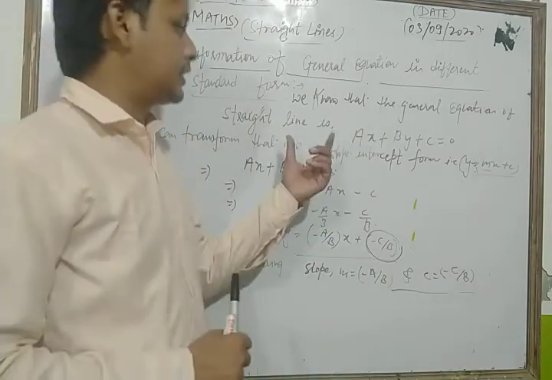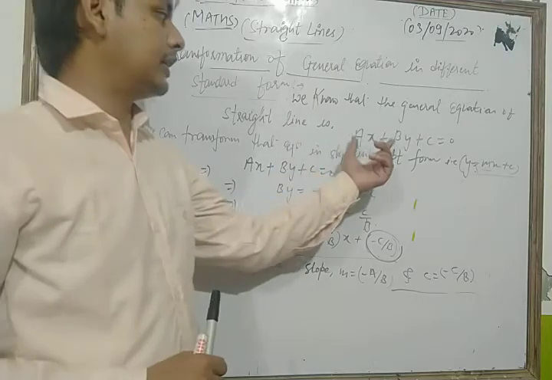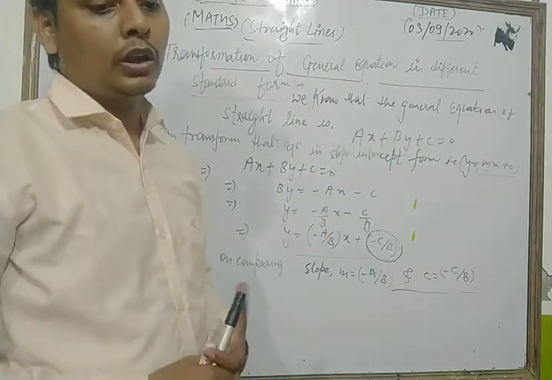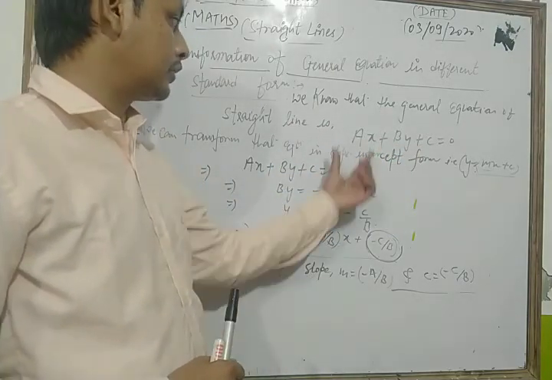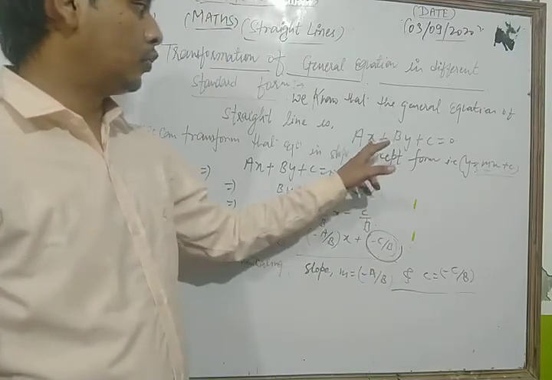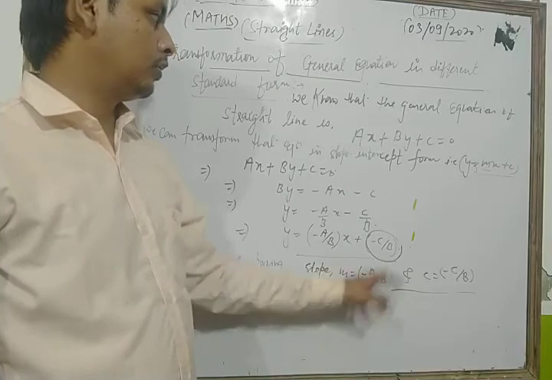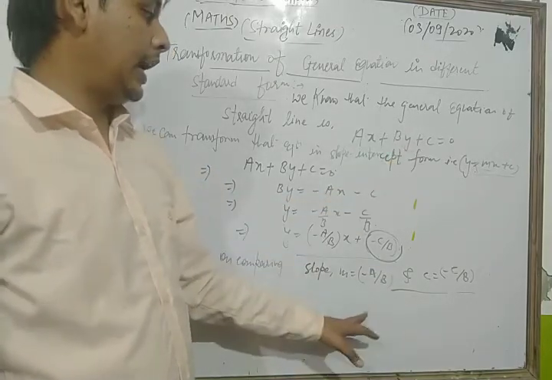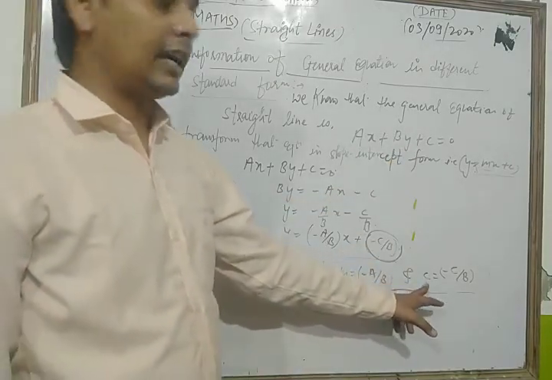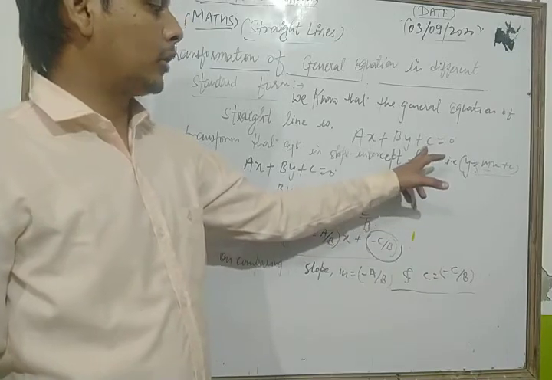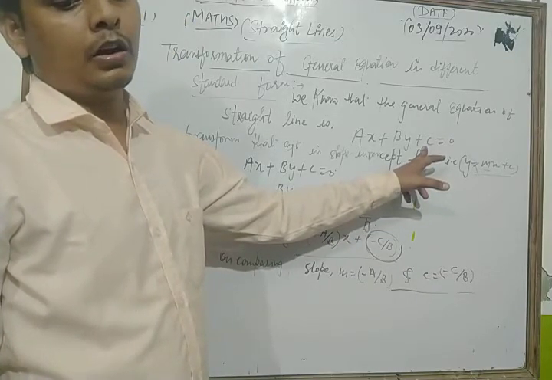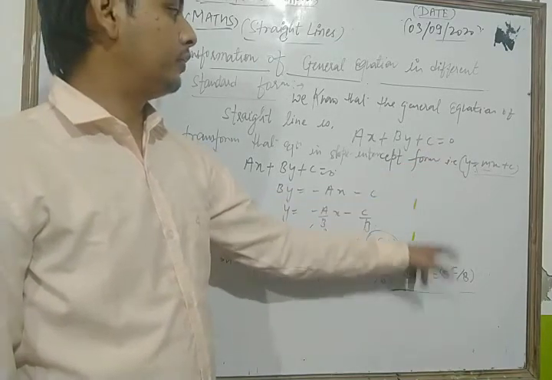So if the equation of the straight line is ax plus by plus c is equal to 0, then the slope is found as minus coefficient of x upon coefficient of y, and the y intercept can be obtained as minus constant term upon coefficient of y.